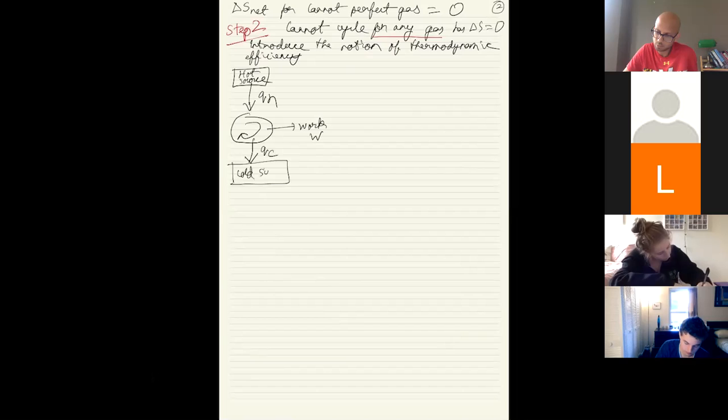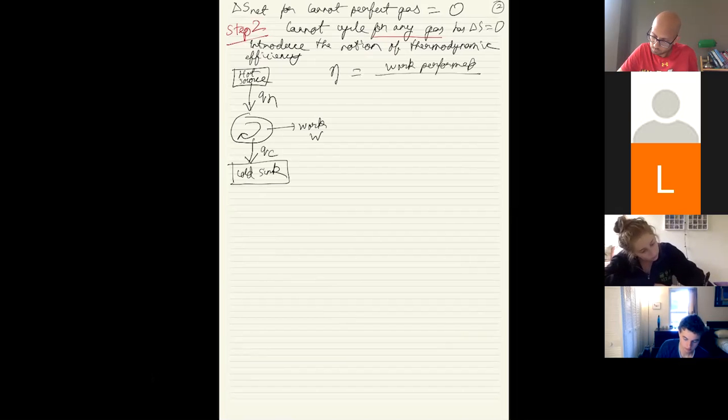QC has to be there, otherwise it will be violated. So we can define the efficiency here as the work performed, how much work did you get, divided by heat absorbed from the source. And just in order to avoid complications with sign, we will put in modulus. We are just going to look at the absolute value.